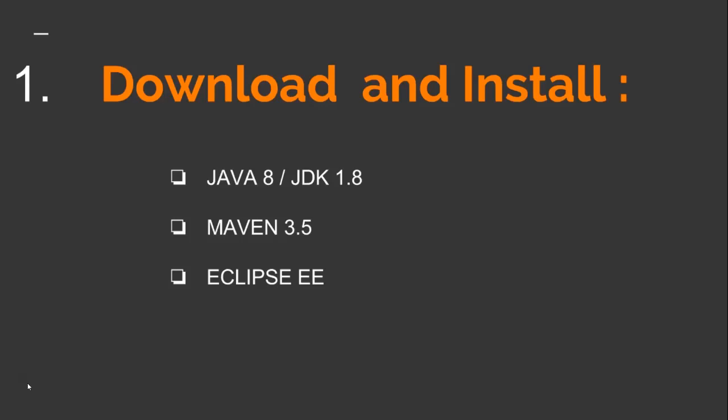If you already have the standard Eclipse installed, you can add the Maven M2E plugin to it. But really, I think you are going to have a much better experience if you just use Eclipse EE.